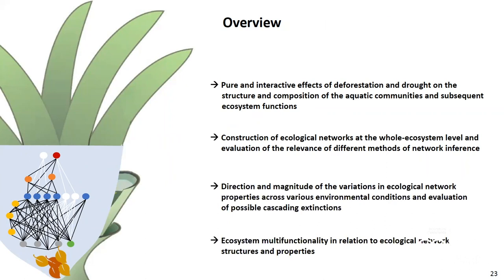And we have the ambition to study the direction and magnitude of the variation in ecological network properties across different environmental conditions and to evaluate the possible cascading extinctions. And finally, we measured different ecosystem functions that enable us to calculate ecosystem multifunctionality in relation to different ecosystem and ecological network properties.